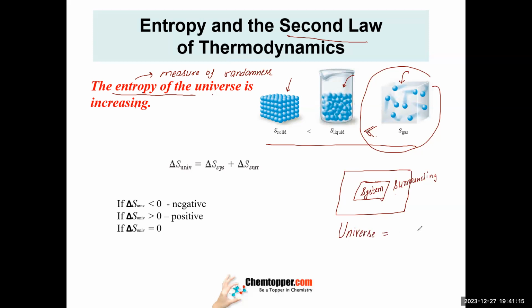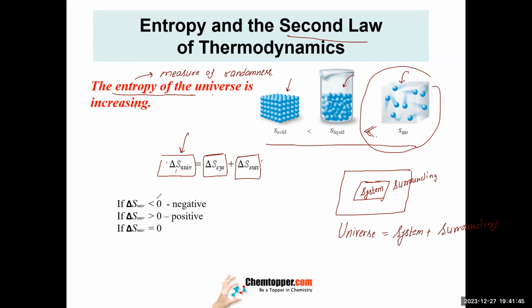Universe is system plus surroundings, right? And the entropy of the universe, the change in entropy, right now we are talking about change in entropy. Change in entropy is the change in entropy of the system plus change in entropy of the surroundings. So that's the total entropy of the universe.